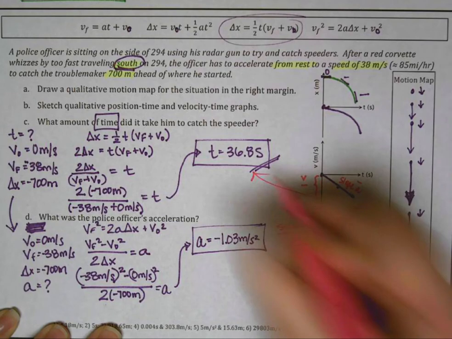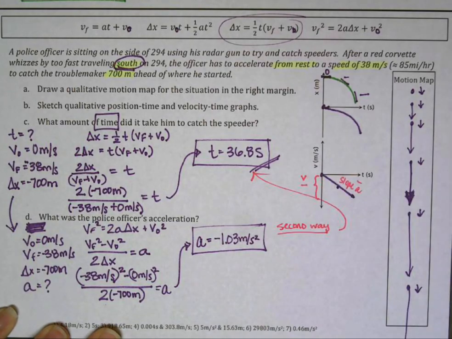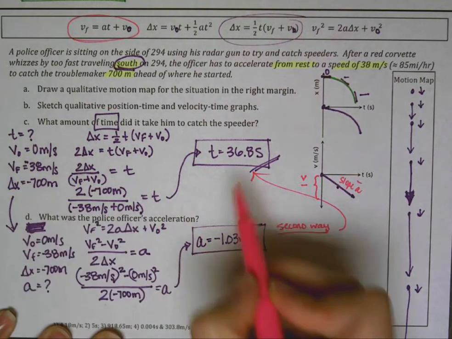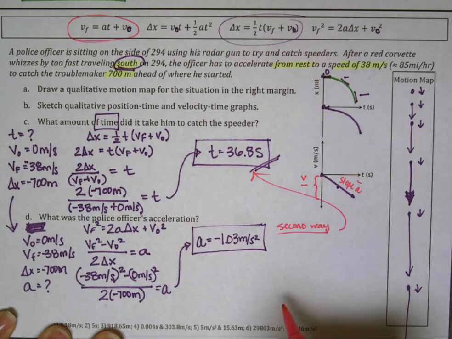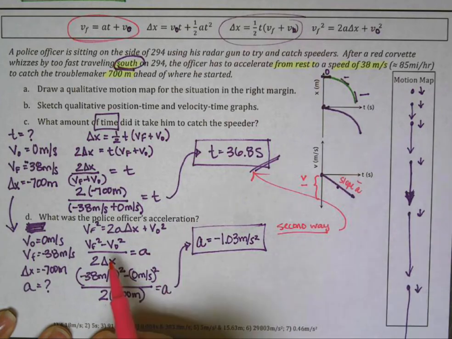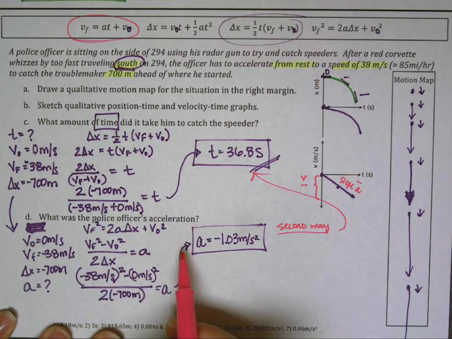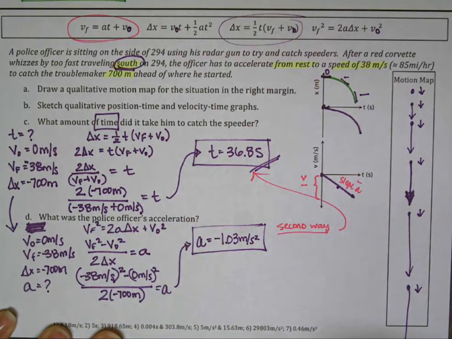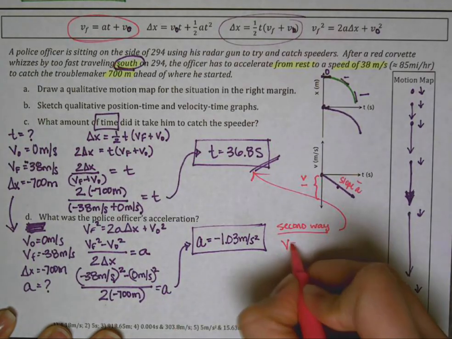If we had used the time that we solved for, we could plug into that first equation and easily solve. We don't have to deal with squaring stuff. The only problem with that is if your answer here was wrong, then your answer down here would be wrong as well. The way we did it first, we avoided using any of our own work so that if we did have a mistake, it wouldn't have carried through. But let's just do that for an example.